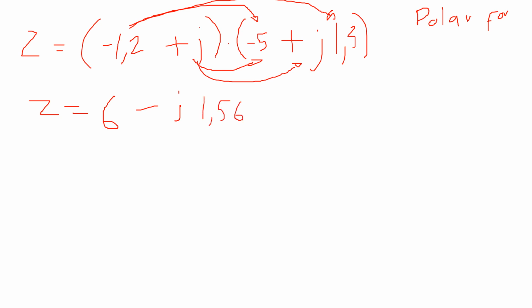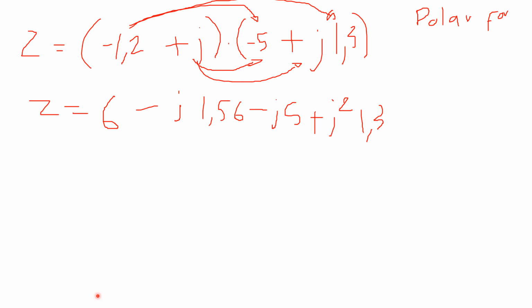Then after multiplying with the first term, you also multiply with the second term. So it's going to be j multiplied by negative 5, which is going to be negative j5. And then j multiplied by j1.3, which is now going to be j squared 1.3.